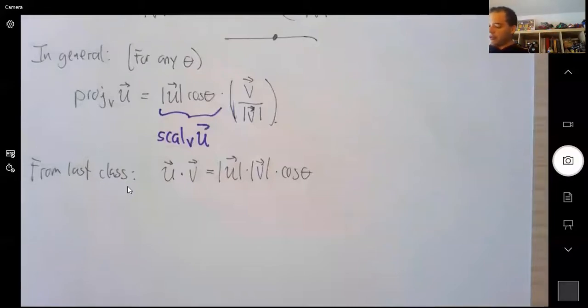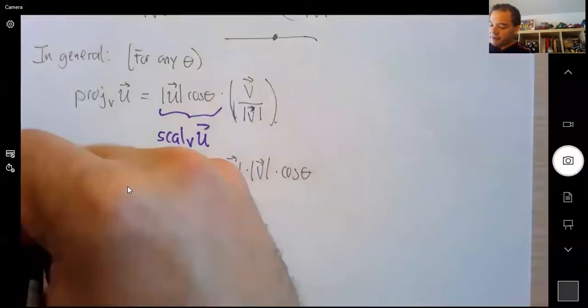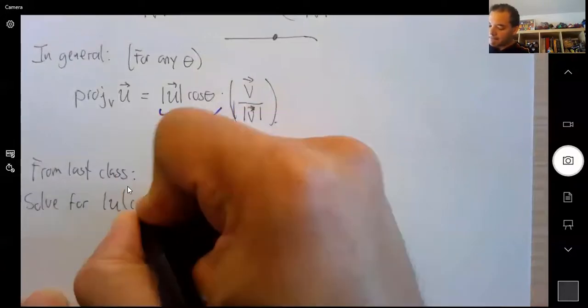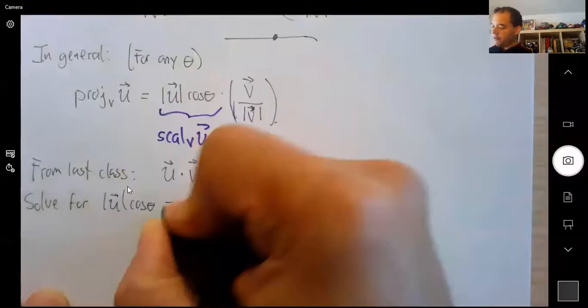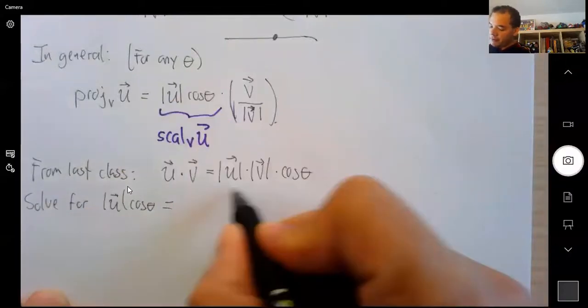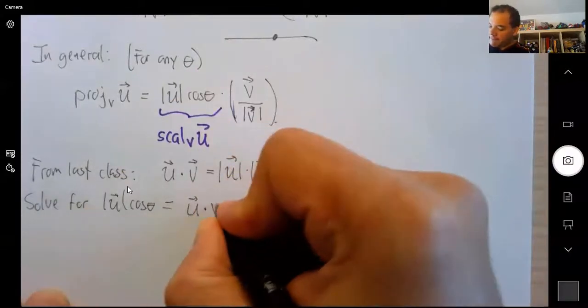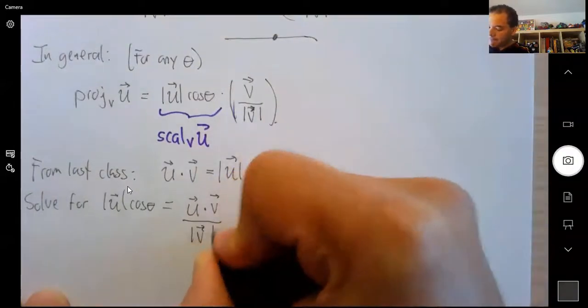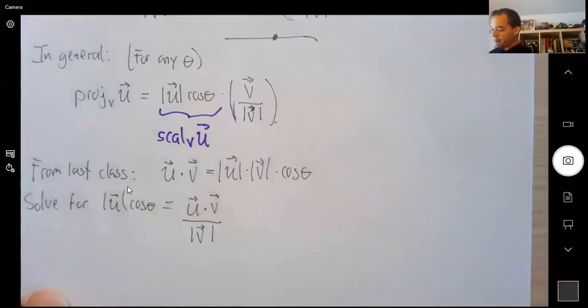But what we can do here is solve for U cosine theta. If we solve for U cosine theta, this will give me U dot V divided by magnitude of V, right? And then put that in here.